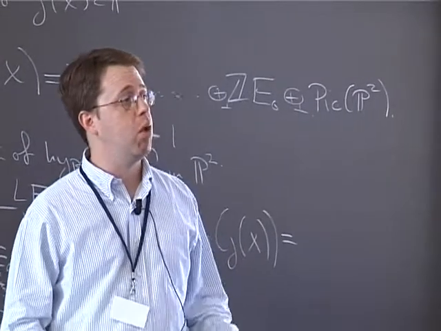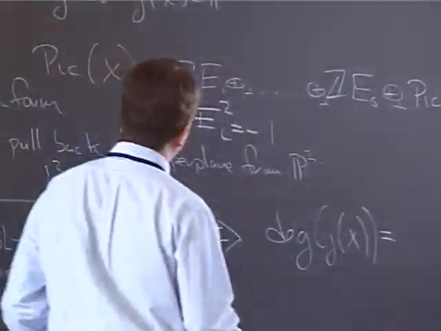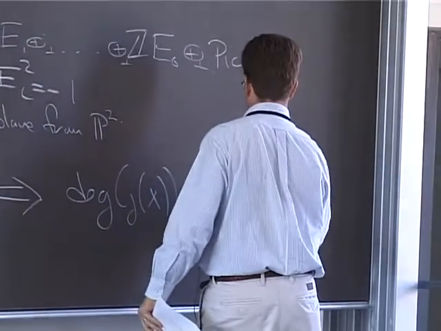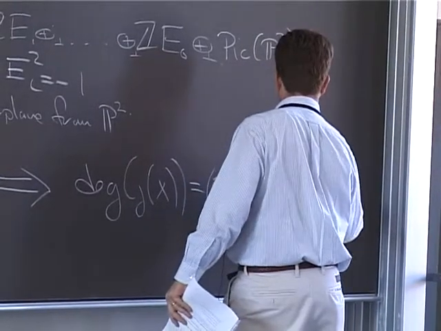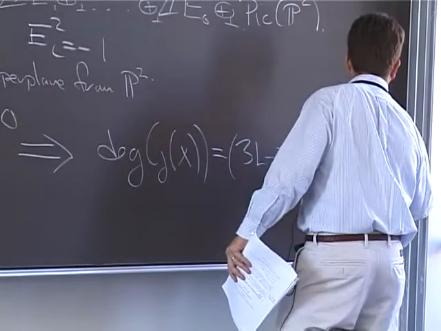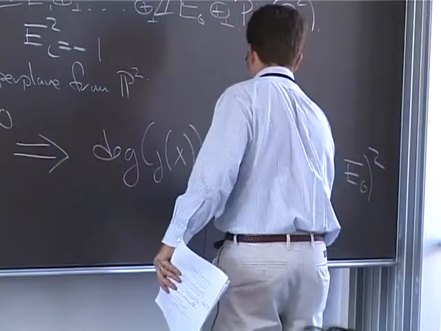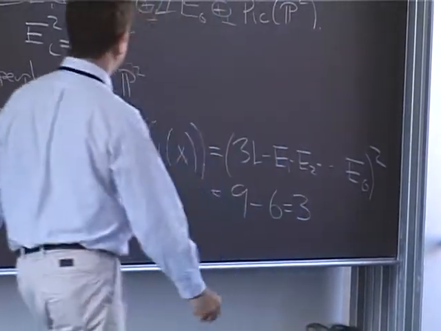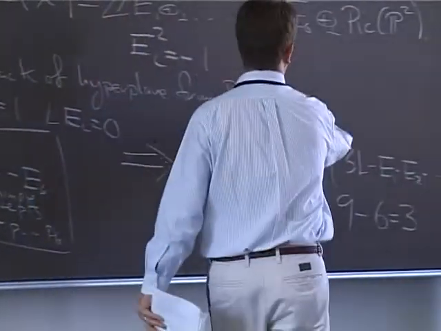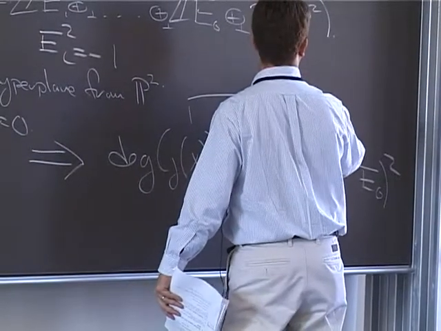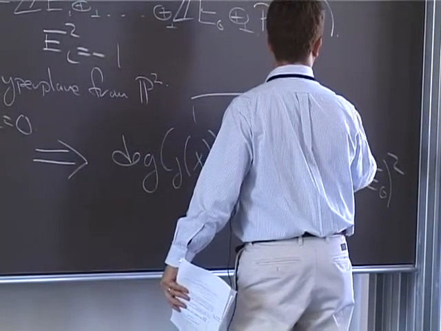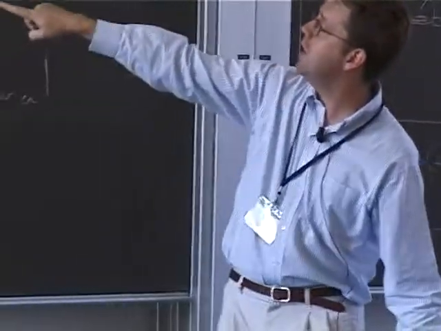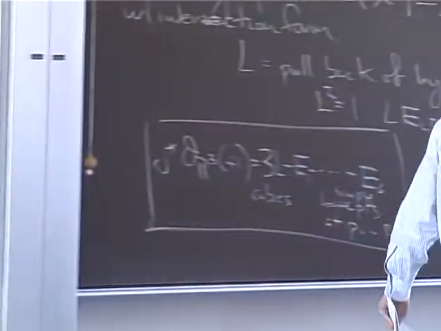Since this is the intersection form, I can compute the degree of the image of the map by using simple intersection theory. We take this divisor, we get 9 minus 6 equals 3. So in particular, we find that this is a cubic surface. And in fact, under our genericity hypotheses, it's even a smooth cubic surface.